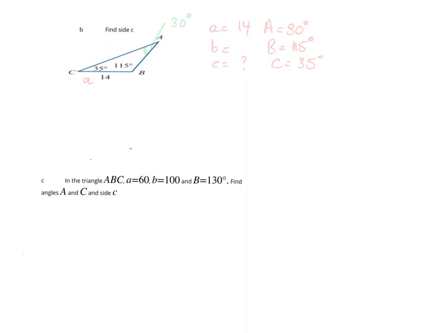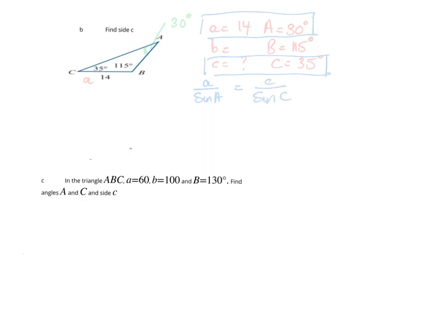Well, obviously, we know that we can use the sine rule because we have a non-right angle triangle, and we need to have 3 of the 4 things that we're going to use. So I'm going to use this pair here because out of those 2 pairs, I've got 1 unknown. So what's that rule going to be? It's going to be A over sine A is equal to C over sine C.